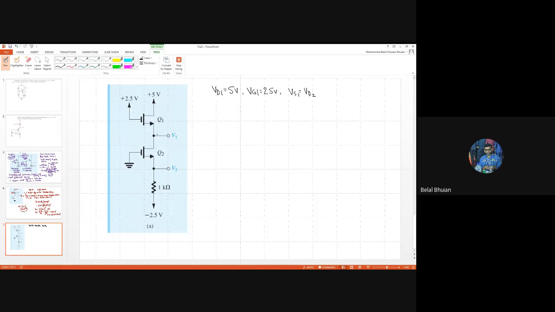You see, source of Q1 and drain of Q2 are connected. They're the same, which is V1, which is unknown.